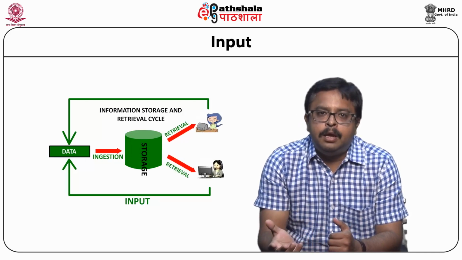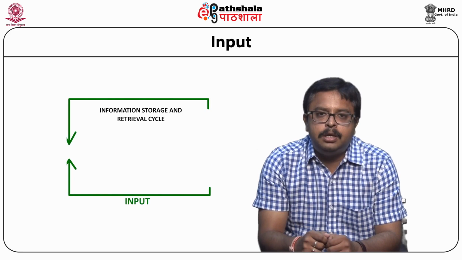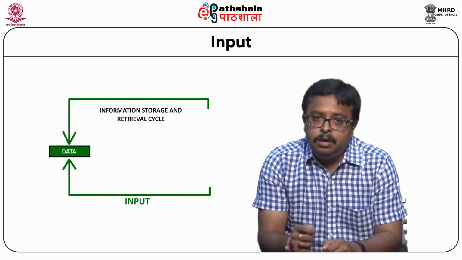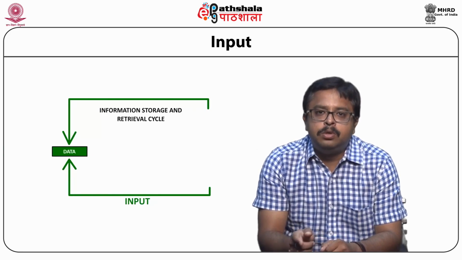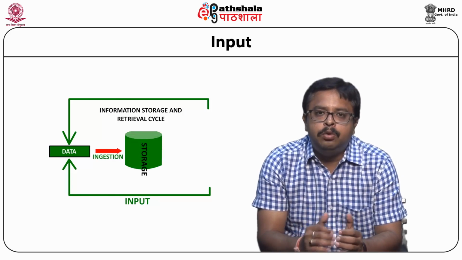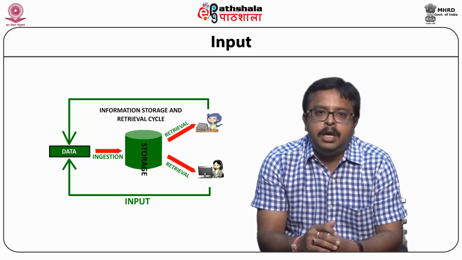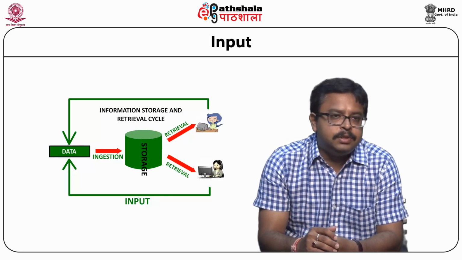These users not only retrieve the data, they can sometimes manipulate the data, they can provide input to this system. So if you see this whole flow chart, you will find it is a kind of a cycle which we call normally as information storage and retrieval cycle.